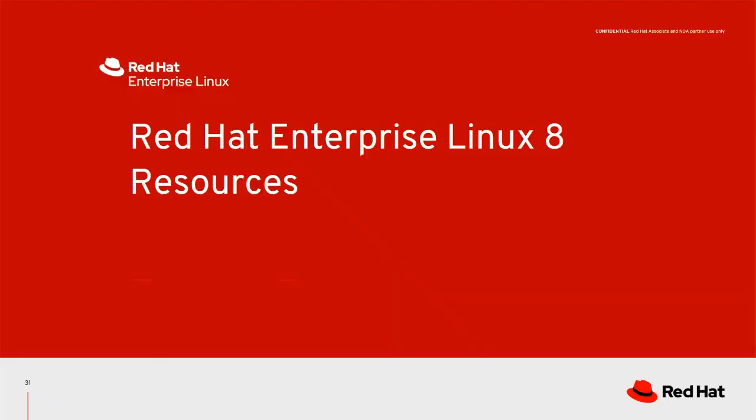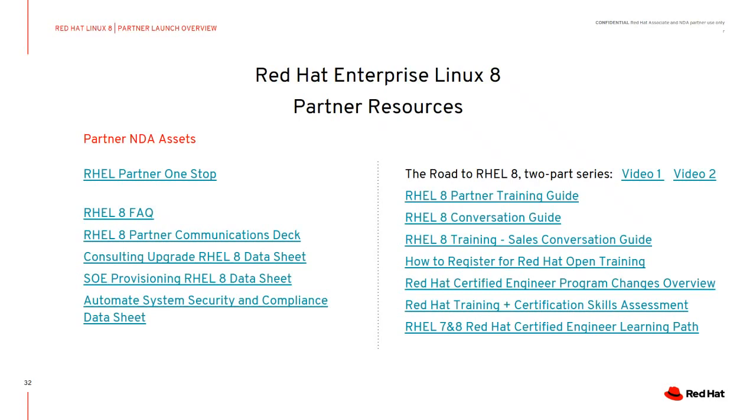So, Red Hat Enterprise Linux 8 resources. These are partner NDA assets. You can log into Partner Central, and then you will get access to all these data sheets, white papers, videos, training guides, and the conversation guide. Also, how to become a certified engineer, and the certified engineer program changes.